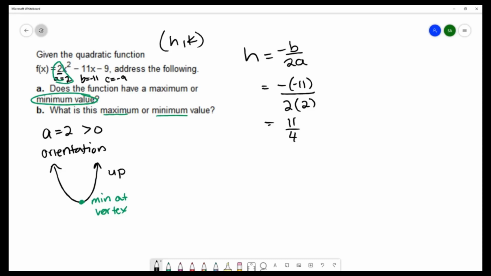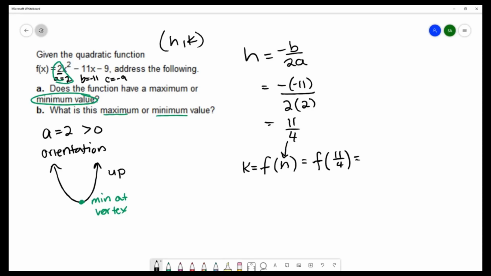So then we're going to find the y part of our vertex. And to find that y part of the vertex, I'm going to substitute the x into the function. So I'm doing f of h, and we just found h. So that's f of 11 over 4.